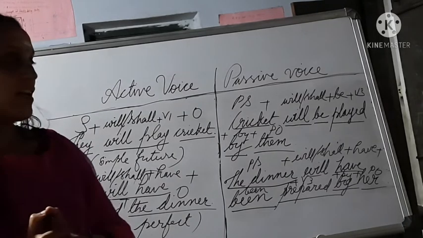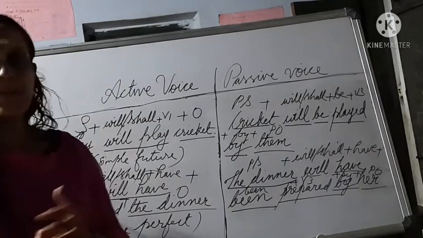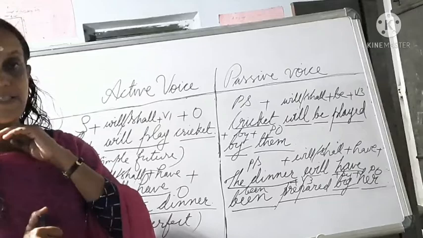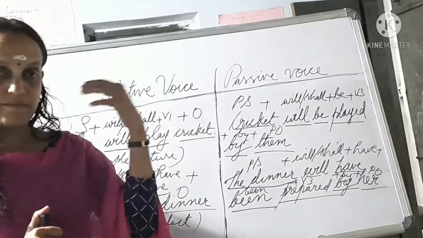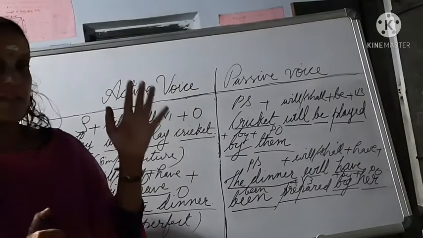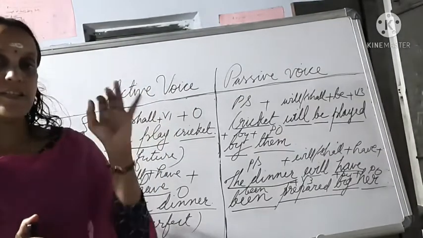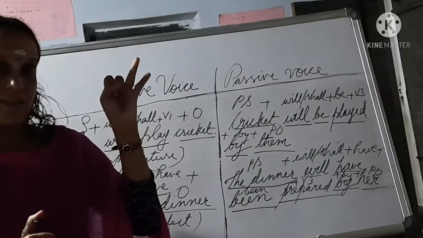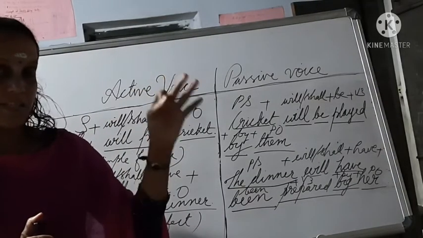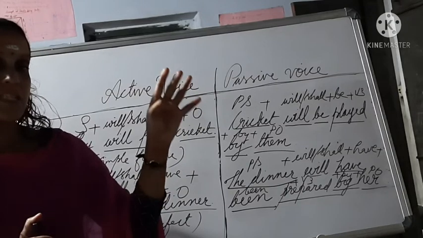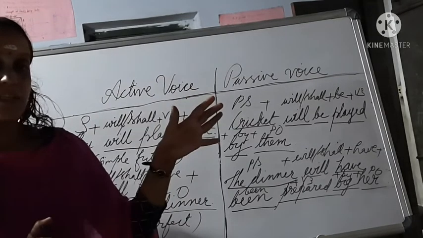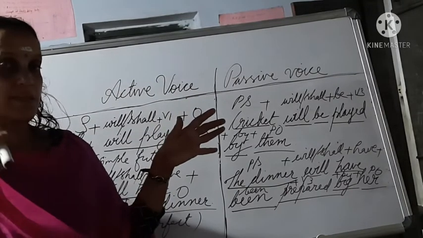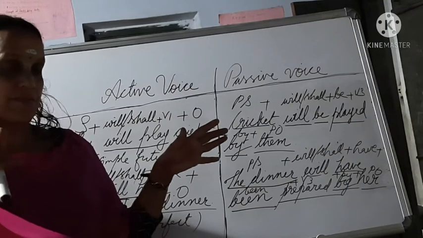and study well. So we already completed all the tenses in the case of voice. We already studied simple present tense, simple past tense, present continuous, past continuous, present perfect, past perfect, simple future and future perfect.